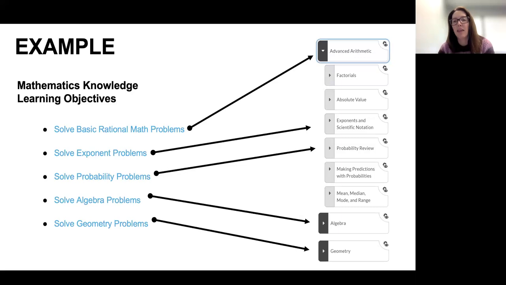And if they are able to meet those learning objectives, then they don't need to have all these various lessons within their courseware. If they don't meet the objectives, they'll have lessons. If they do meet the objectives, they don't have to go through those lesson plans. Next slide.